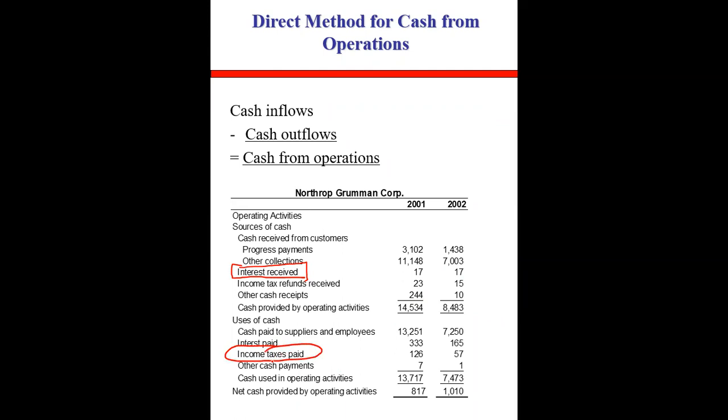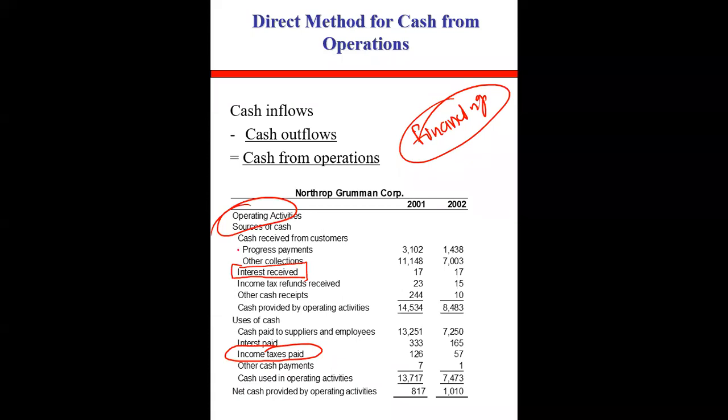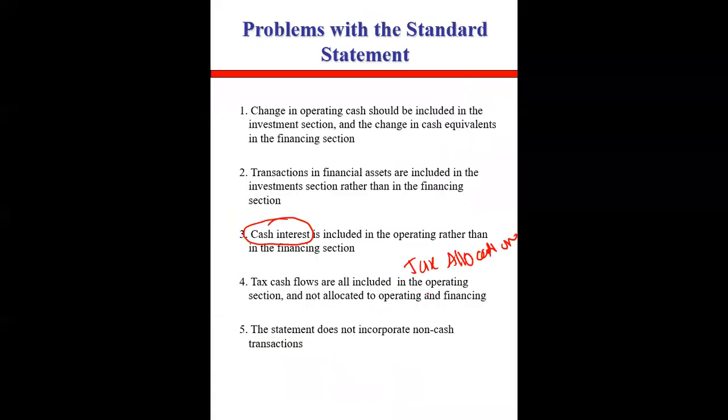You paid taxes for operating purposes, and you paid tax for financing purposes also, right? But you are showing all taxes in the operating part, so it creates a problem. That's why we need to separate these things out.